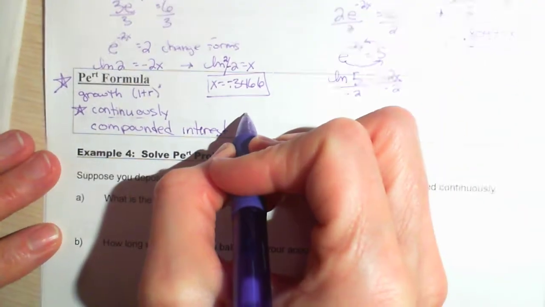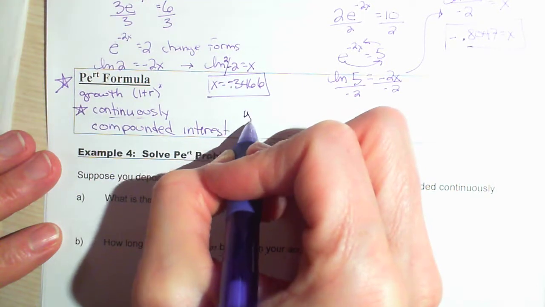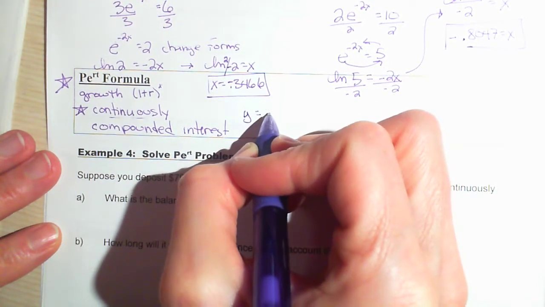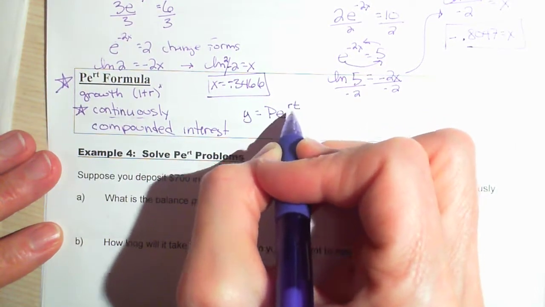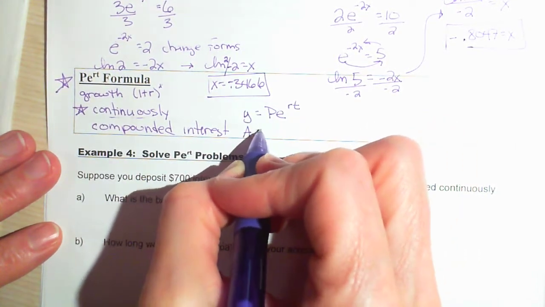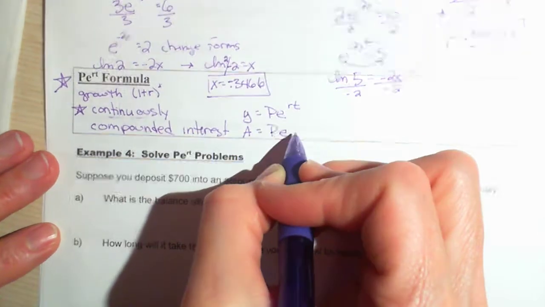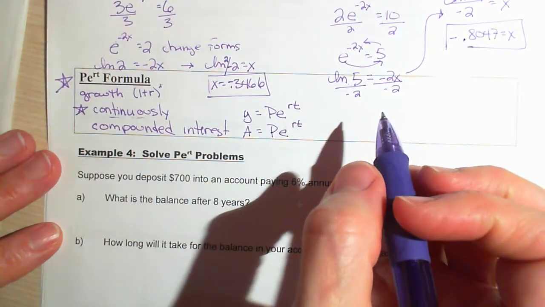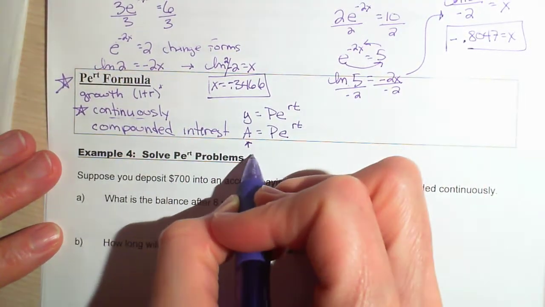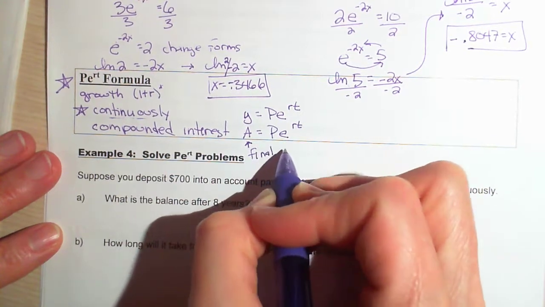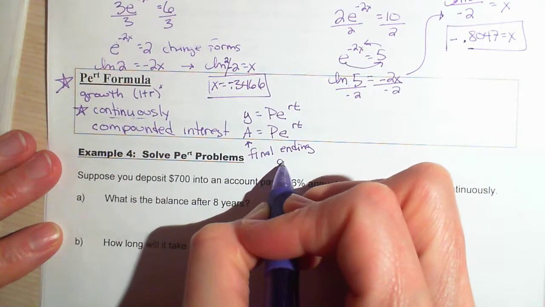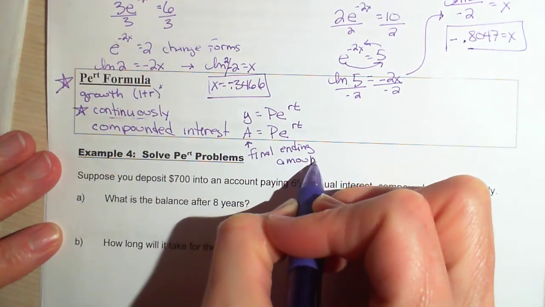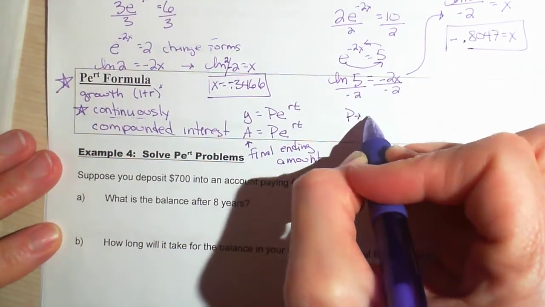The formula is Y equals P E to the RT, or sometimes it's written as A equals P E to the RT. So A, or Y, is your final or ending amount, and P is your initial amount.